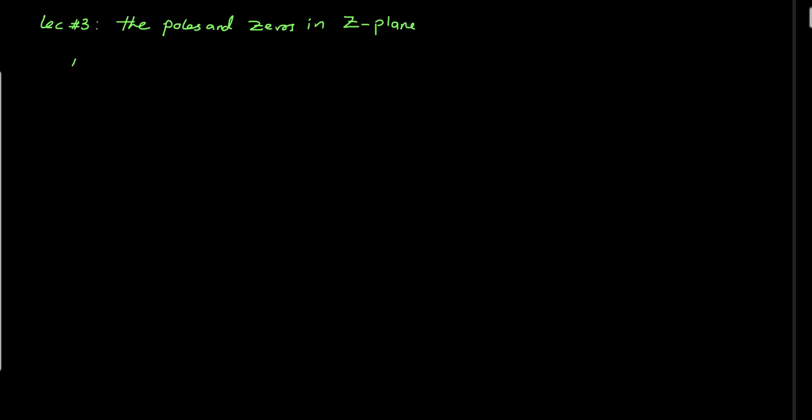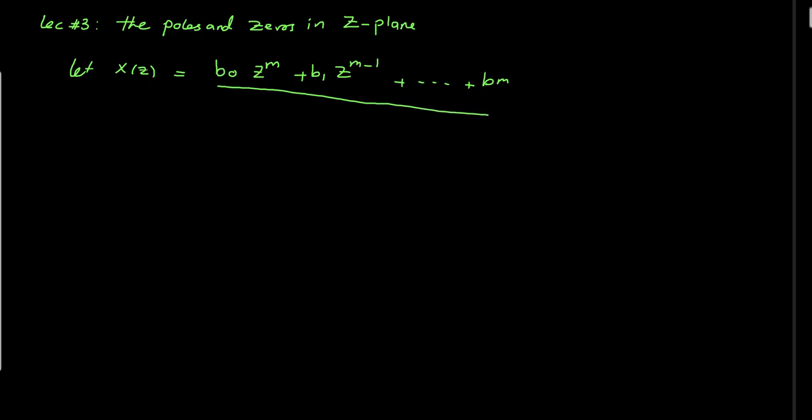In this lecture, I will start with highlighting the poles and the zeros in the z-plane. I will start by letting X(z) be given as b0 z^m plus b1 z^(m-1) until I have the constant bm over z^n plus a1 z^(n-1) until I reach an.